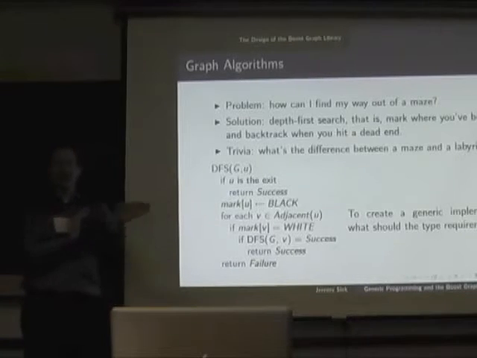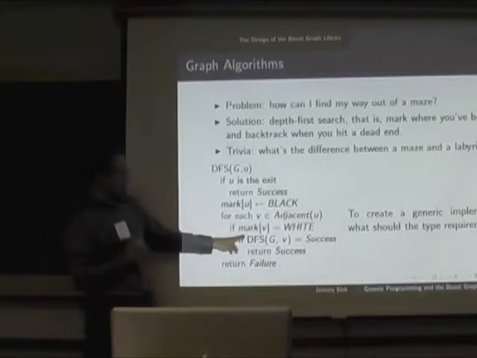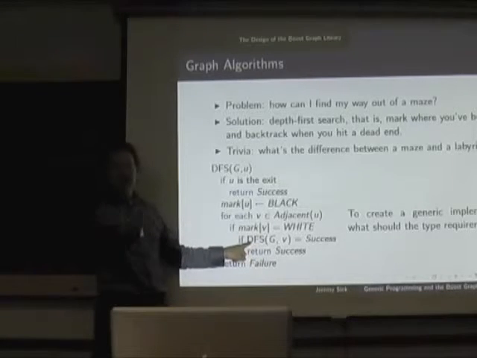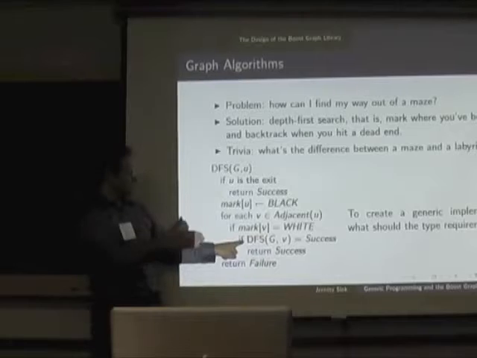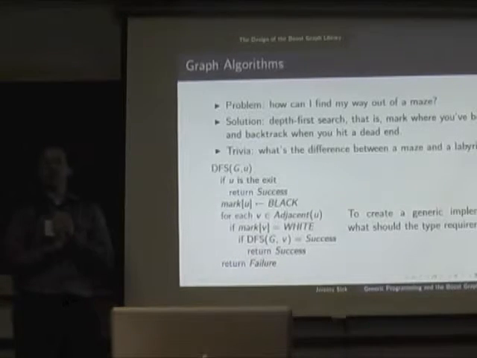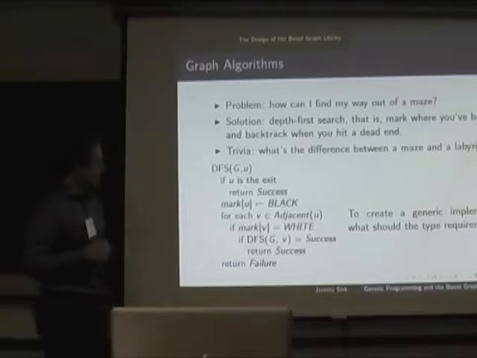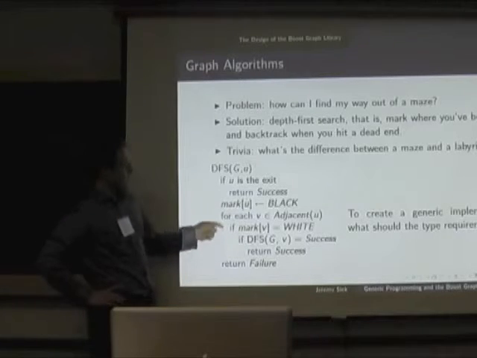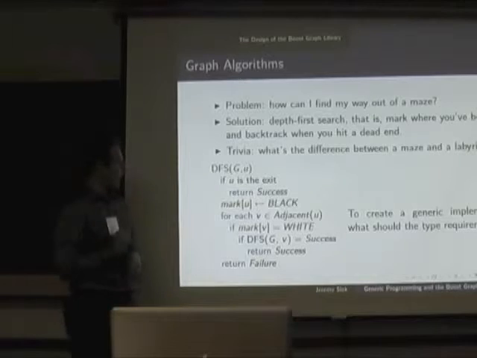That means, has it not been visited yet? And if it is white, then you go ahead and recursively search down that direction. If you come back from that, having found what you were looking for, then you can say, oh good, I found what I'm looking for, and keep retreating back. If you haven't, then you just go to the next iteration of this loop, and try the next path out that still hasn't been visited.